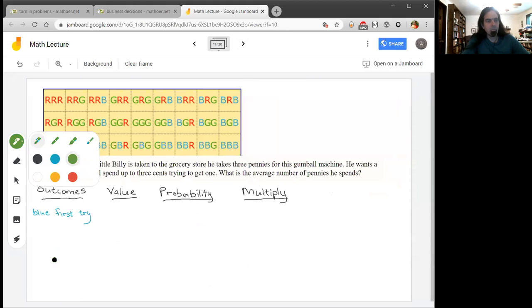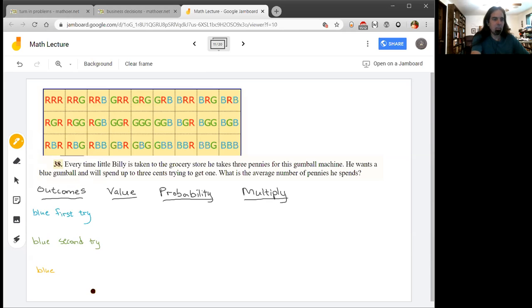Or he might get a blue on his second try. Or he might get a blue on his third try. Or he might be sad because he never gets a blue. Everyone okay with my 4 possible outcomes? Yes.